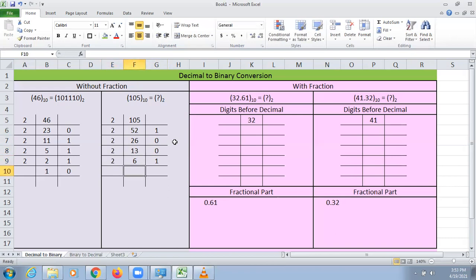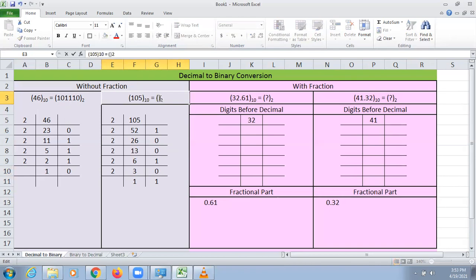2 3s are 6. Remainder is 0. 2 1s are 2. Remainder is 1. Again, now write down all the remainders in reverse order.